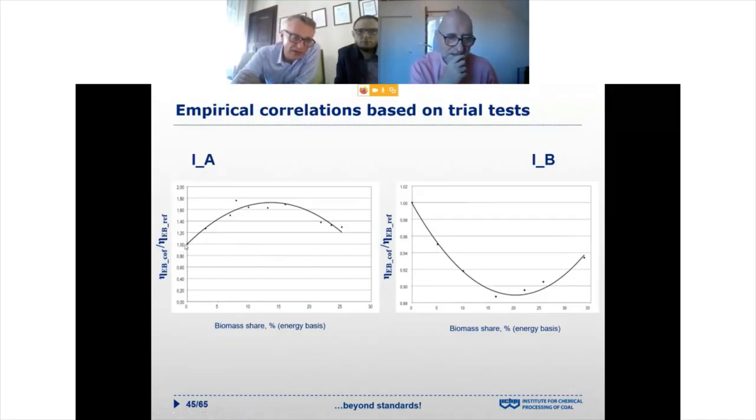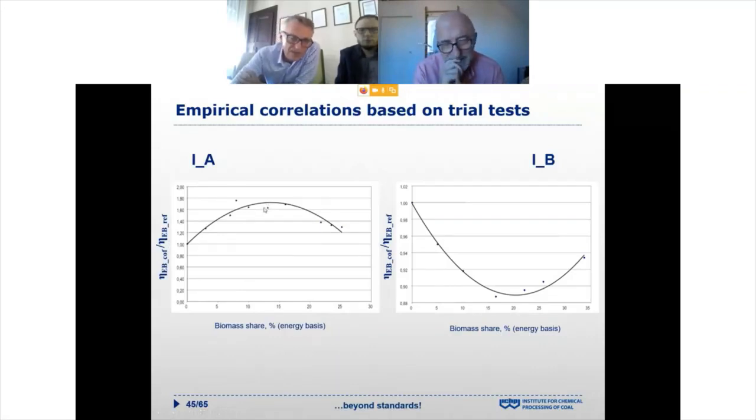So when we are here, nothing changes. And when we go up there, we observe a change with the efficiency.